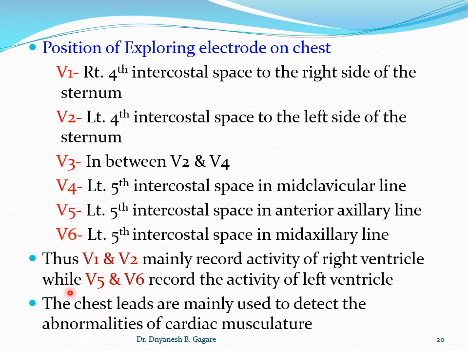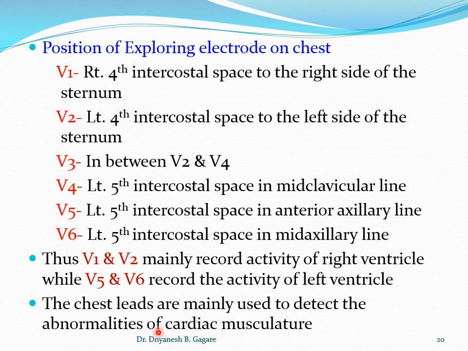Now keep in mind, V1 and V2 mainly record the activity of the right ventricle, while V5 and V6 mainly record the activities of the left ventricle. The chest leads are mainly used to detect abnormalities of cardiac musculature. So it gives more information about the functioning of cardiac musculature, that is the ventricular muscle.